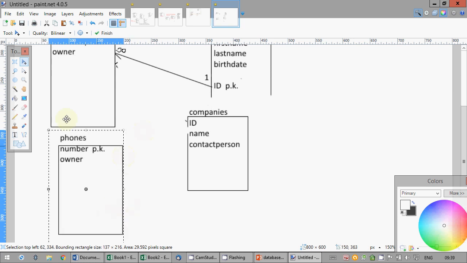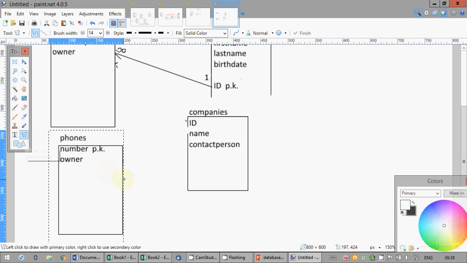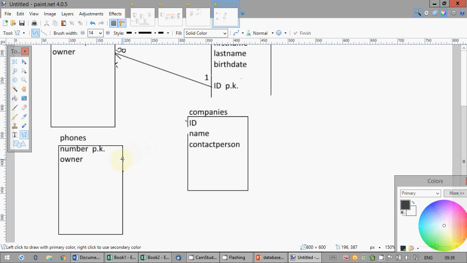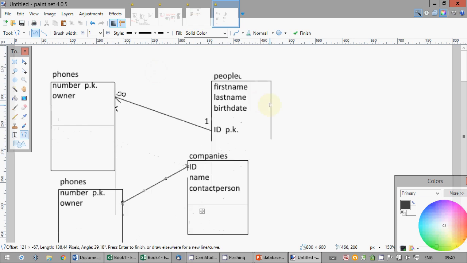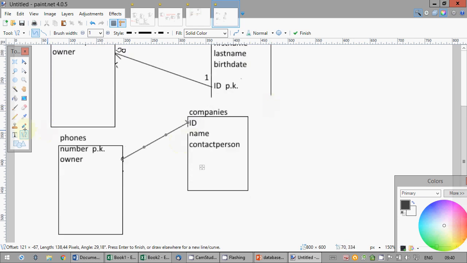One for people and another one for companies. So two separate databases, one for people, another one for companies.